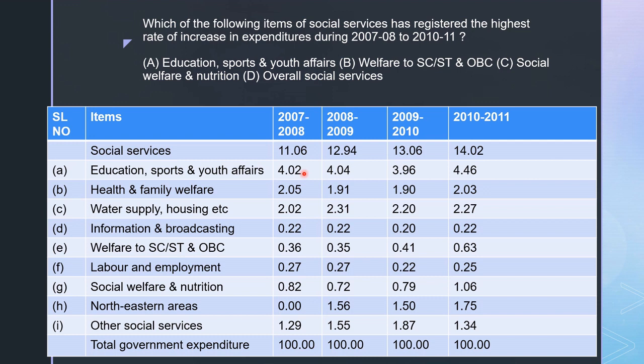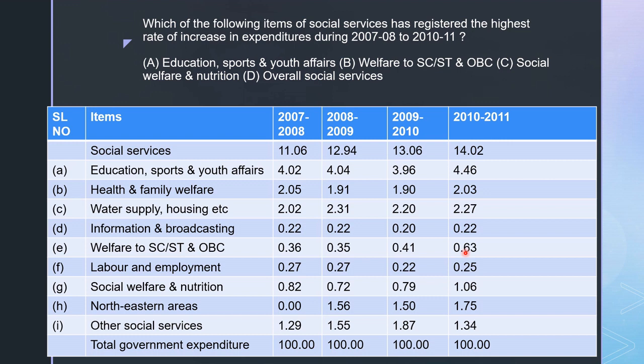Next option is welfare to SC/ST and OBC. In 2007-08 the value is 0.36 and in 2010-11 the value is 0.63. So how do we get the percentage increment value? 0.63 minus 0.36 divided by 0.36 into 100. So we get the calculated value.